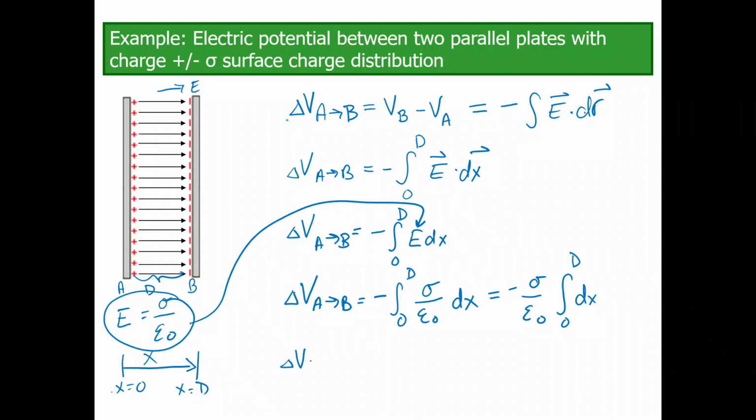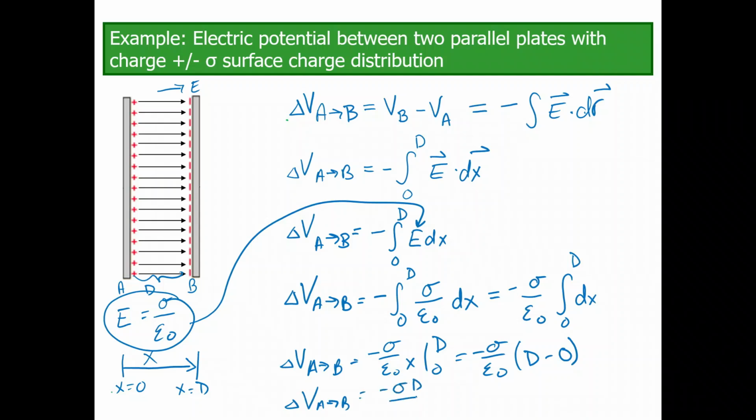So delta V from A to B is equal to negative sigma over epsilon naught x evaluated from 0 to D, which gives me negative sigma over epsilon naught times D minus 0. I know it's a lot of steps, but I like to show everything so we don't get lost. Delta V from A to B is going to be negative sigma D over epsilon naught.